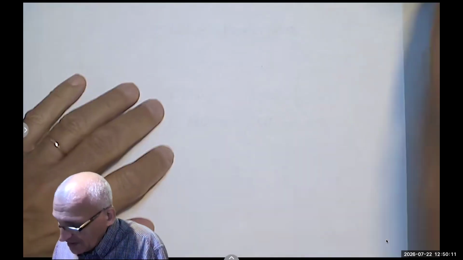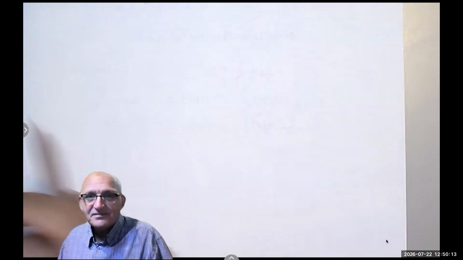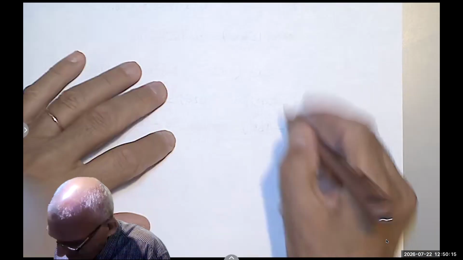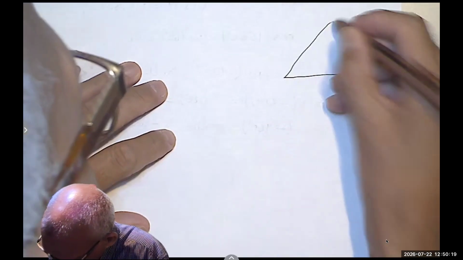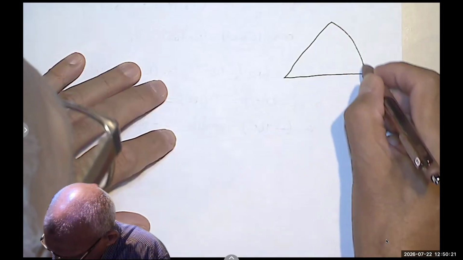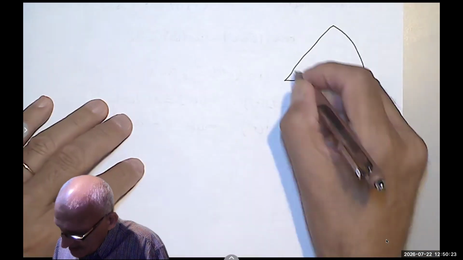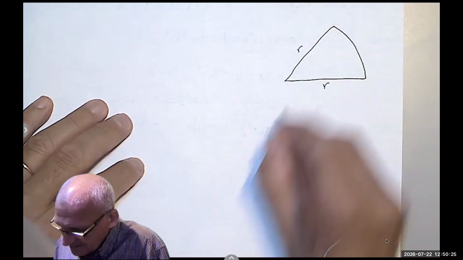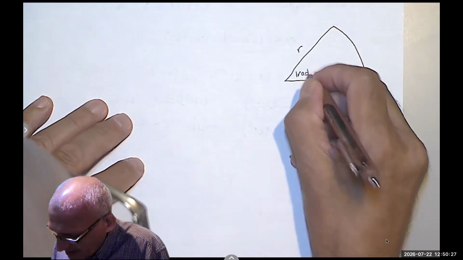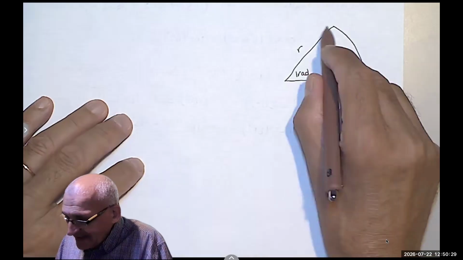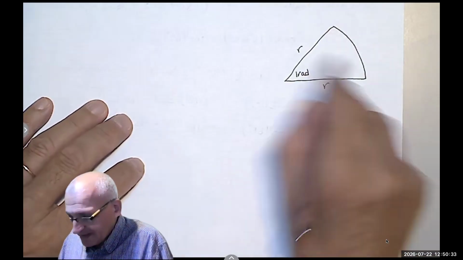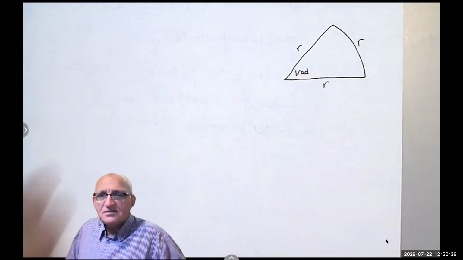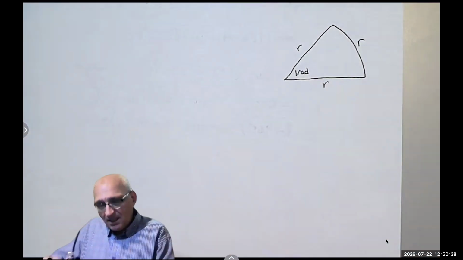If you draw a piece of a pizza, a sector of a circle with radius r, in such a way that the length of the arc inscribed by this angle is also r. What? Yeah, you can measure it.